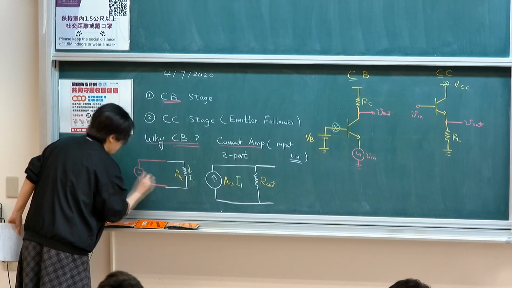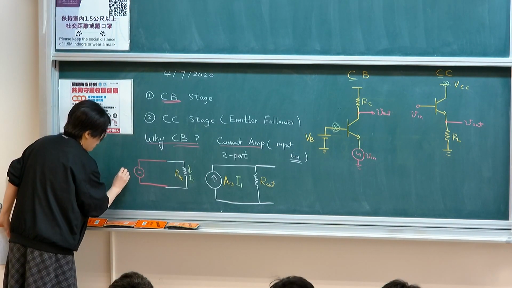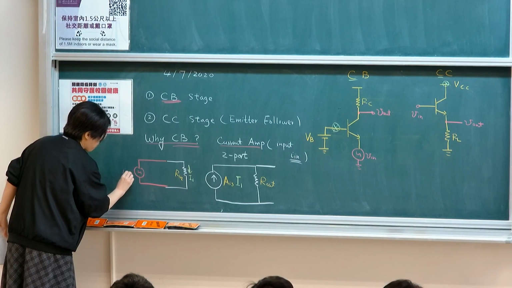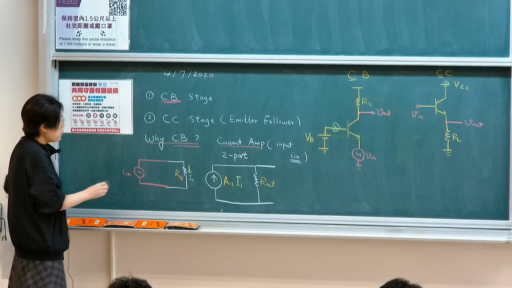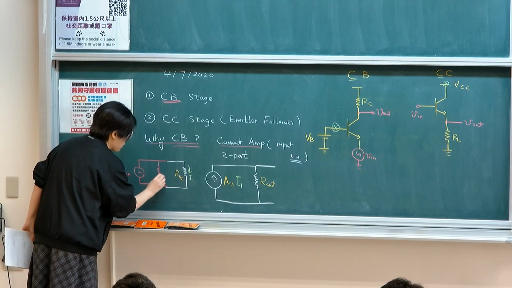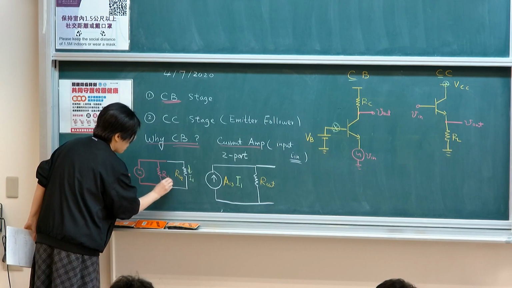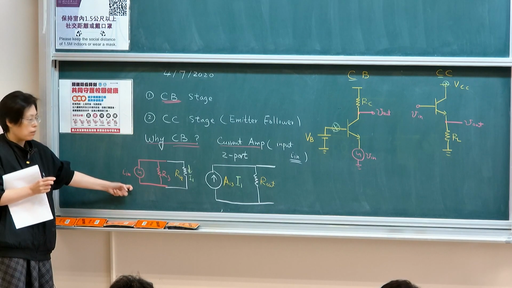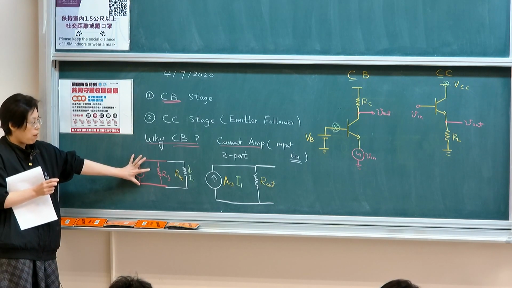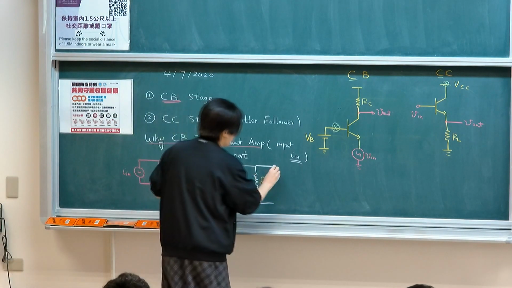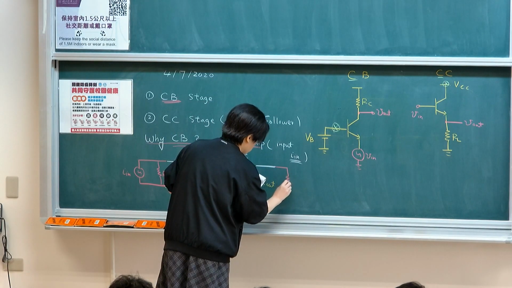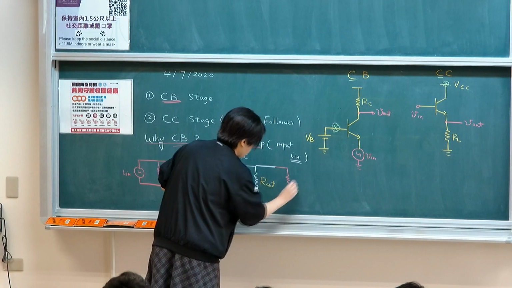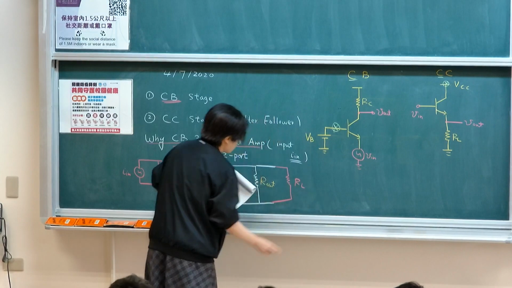So let's say this is my input. Instead of having input as voltage, my input is a current source. The red part is actually a current source model with a Norton equivalent model. And then you also want to deliver your signal out into a load.